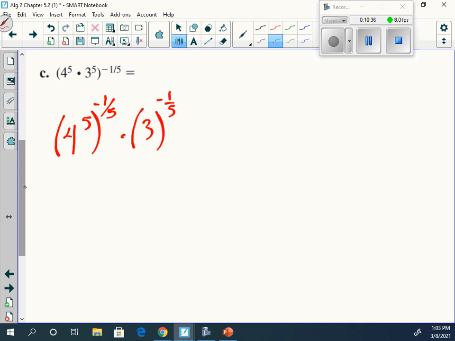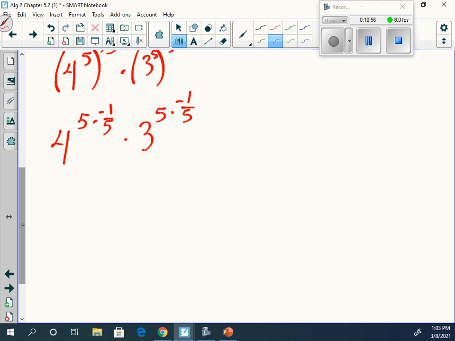Now, our power of a power rule states that our exponents are going to be multiplied together. So we would have this here, because powers of powers multiply. Now, negative 1/5 times 5 is going to be negative 1, because 5 times negative 1/5 is negative 1.